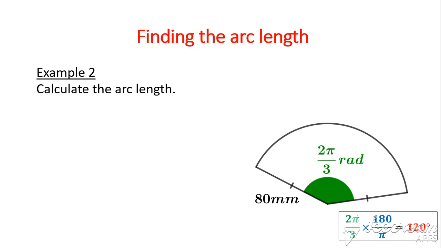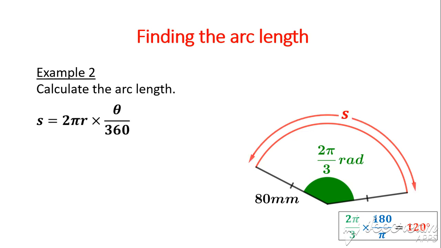Right, so now we can carry on with this problem working with an angle of 120 degrees. This is the arc length we're trying to find, S. And here's our formula, 2 pi r times theta over 360. So r is 80 and theta is 120 degrees.